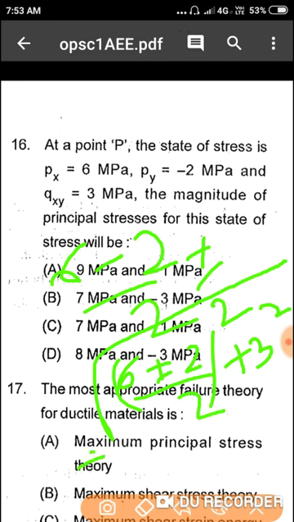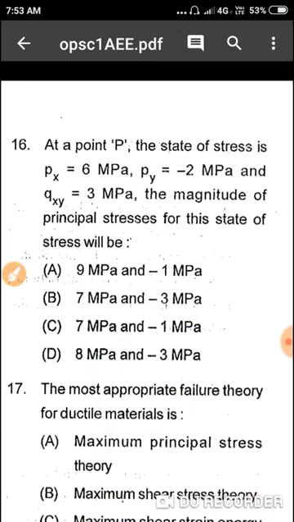After that it will come as 7 and minus 3. Correct option will be option B, 7 and minus 3.